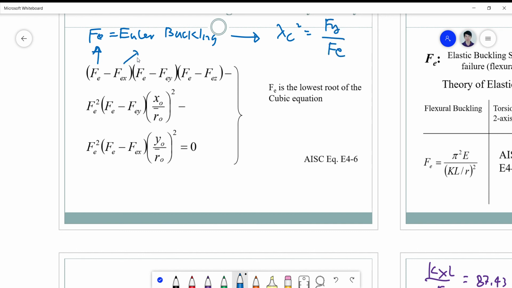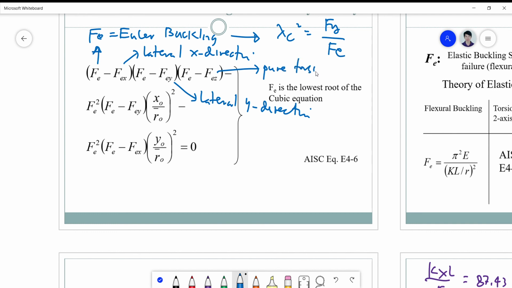Okay, Fex is the buckling, this is the lateral x direction. Fey is the lateral at the y direction. Fez is the pure torsion, or simply the torsional. Okay, XO, YO, RO are again the shear center. Okay, XO, YO, RO come in when your section has an unsymmetrical property.